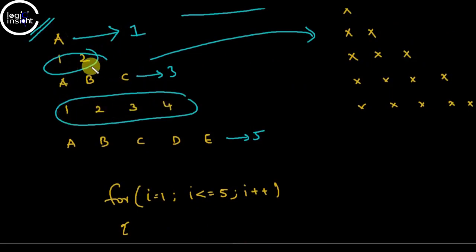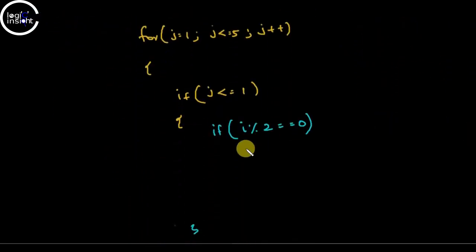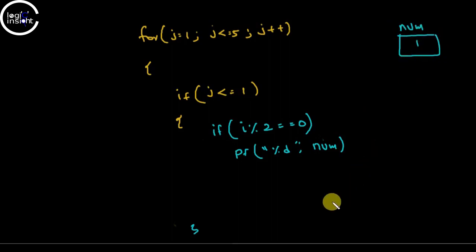How to print like that? I use printf with %d and a variable called num. Suppose I initialize num with 1. After printing 1, I have to increment the value, so I put a plus plus here. After printing 1, it will be 2, then 3, then 4.